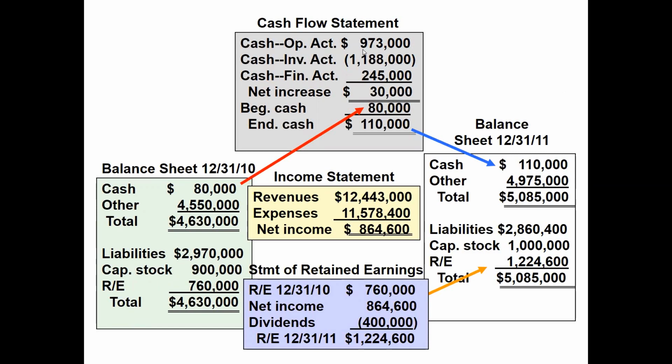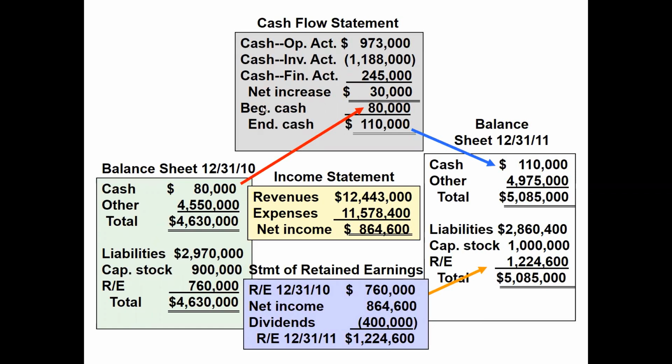So when we total this, when we add the 973,000 plus 245,000 minus 1,188,000, this is the money we are having. We are having 30,000.